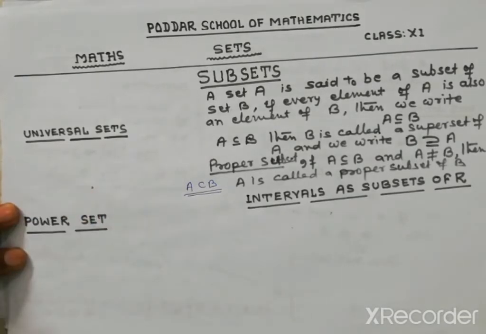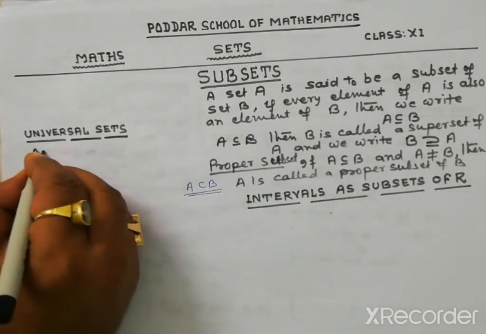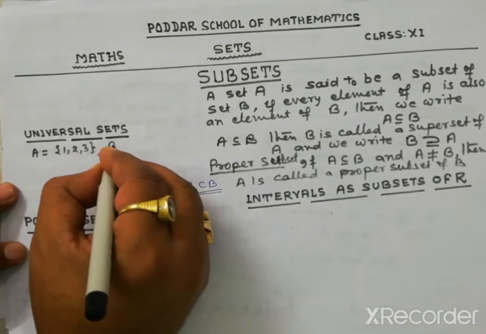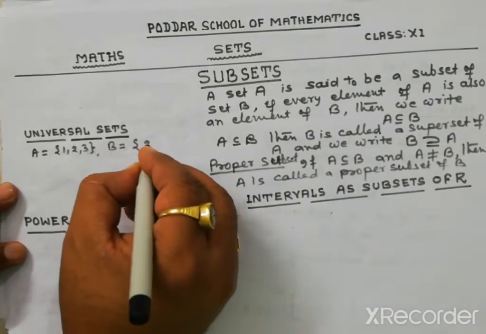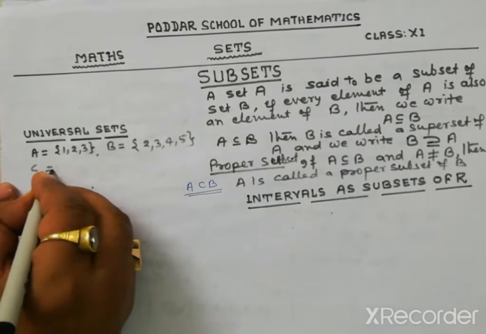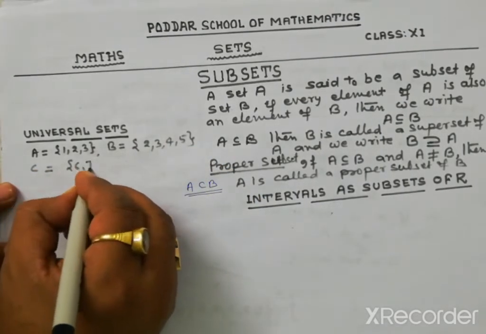Suppose A is equal to {1, 2, 3}, B is equal to {2, 3, 4, 5} we have considered, and C is also one more set, that is {6, 7}.